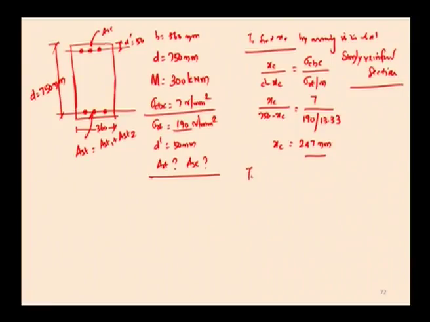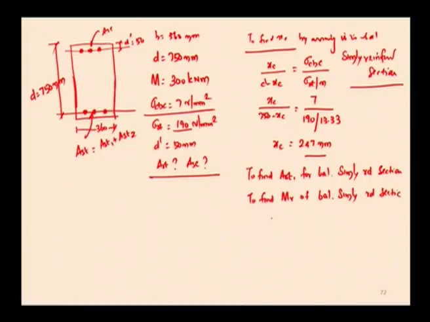Now, to find AST1 for the balanced singly reinforced section, before that we need to find MR of the balanced singly reinforced section, that is MR is equal to B XC sigma CBC by 2 into D minus XC by 3.